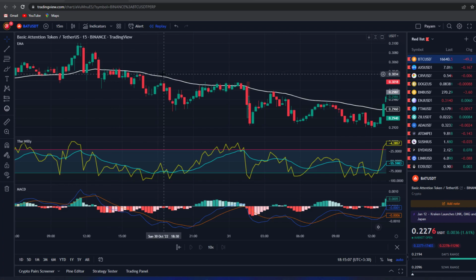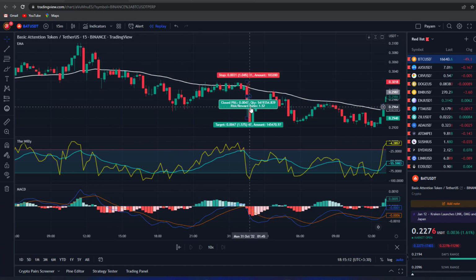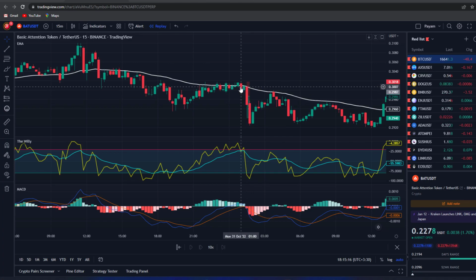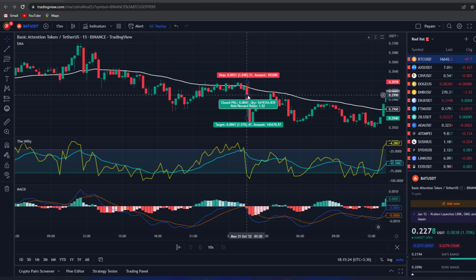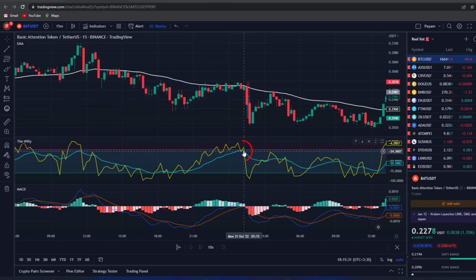Thank you. Now, for our short position over here, it's completely opposite. The candles need to be below the EMA, which is good over here because it has tried to cross it many times. It has failed. And suddenly we see a red candle coming down over here, so we could enter in this position. The yellow line has gone down, and it has crossed the light blue line, and it has gone down very sharply.